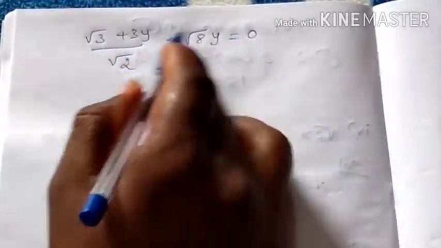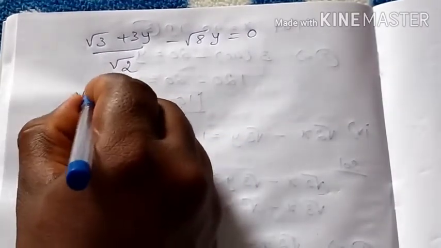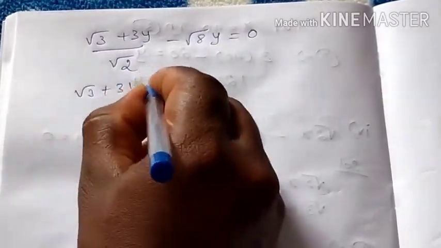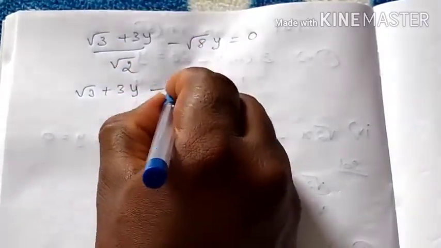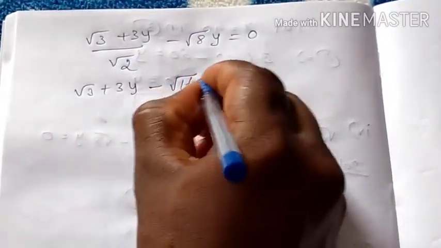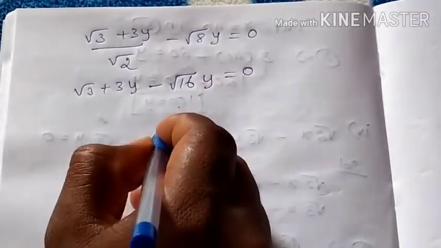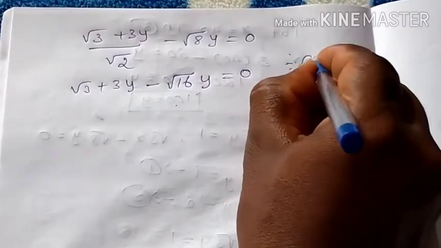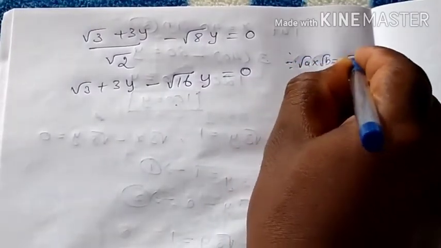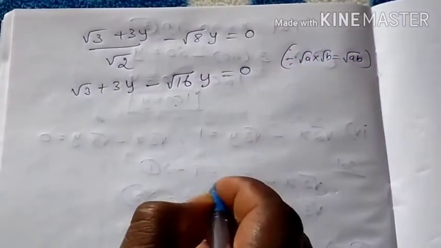Okay, listen carefully, this is the previous step. So root 3 plus 3 into y, cross multiplication, minus root 2 into root 8, totally root of 16 into y equal to 0. Okay, since root a into root b is equal to root of ab, this is your form. Such a form is already known.